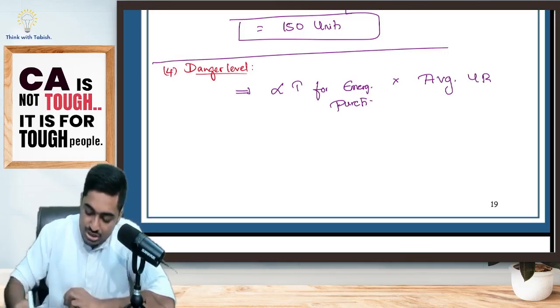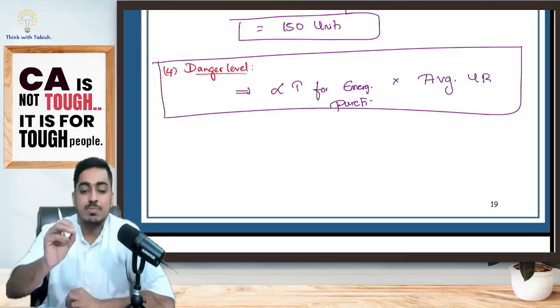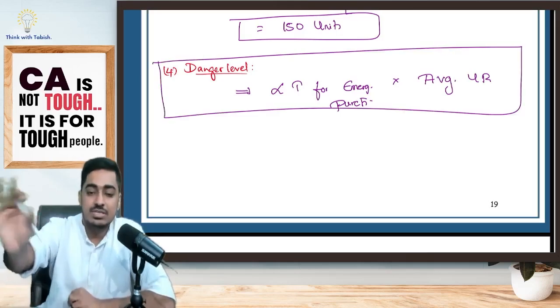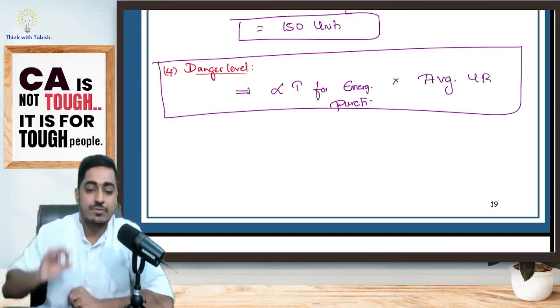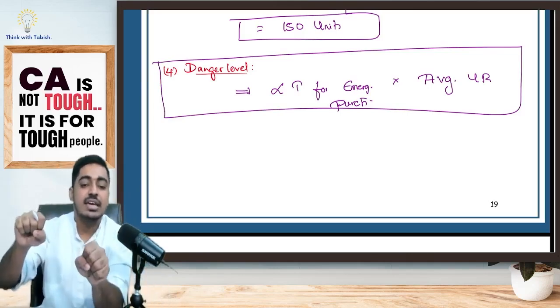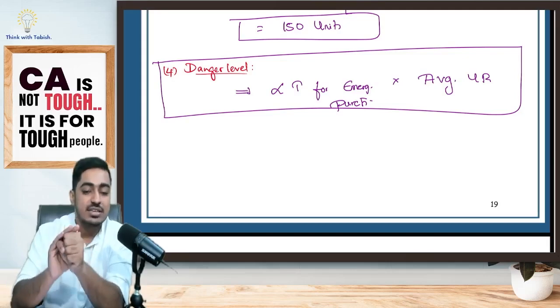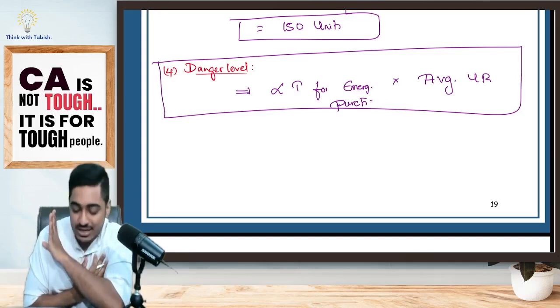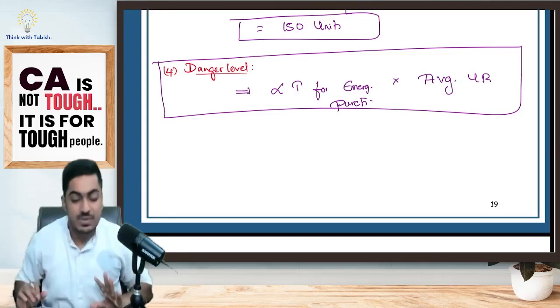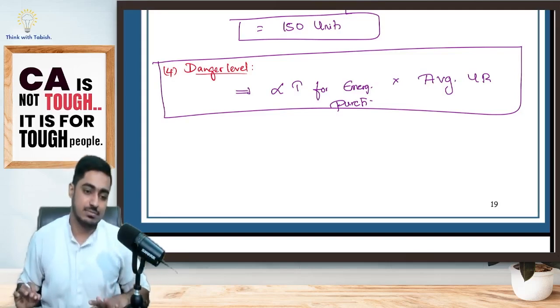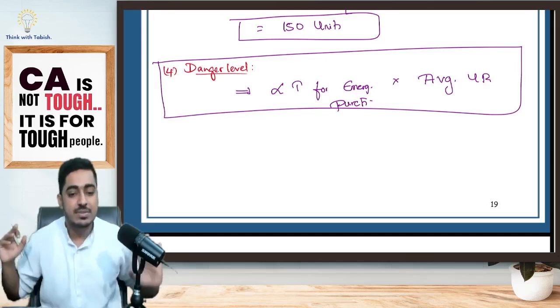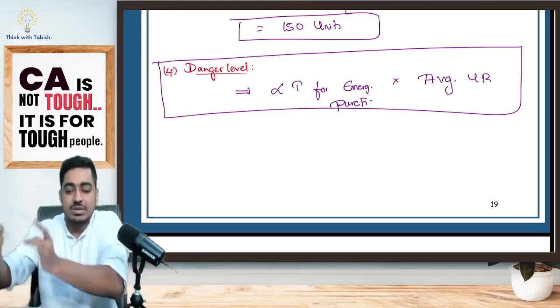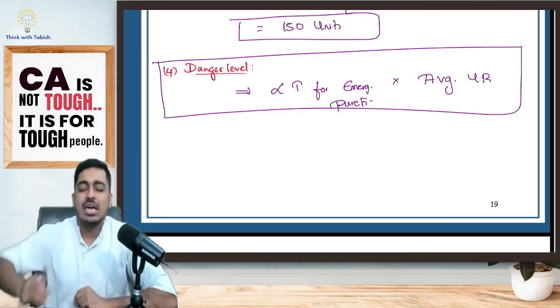So what should we do, sir? I've told you one simple rule till the time you become a CA: if you have to choose between logic and ICAI, always choose ICAI. Even though you will feel bad, you will get marks. So even though logically it should have been minimum usage rate, in the examination I will write lead time for emergency purchase into average usage rate.